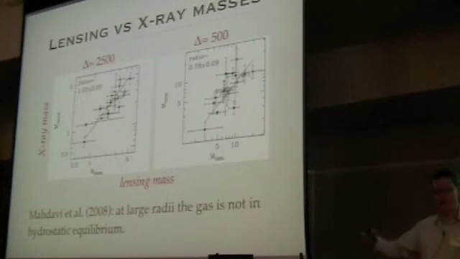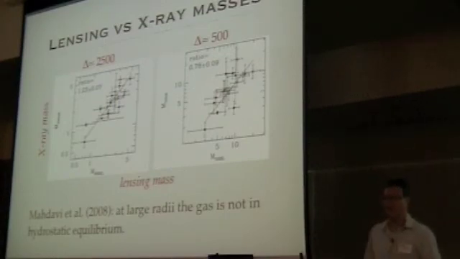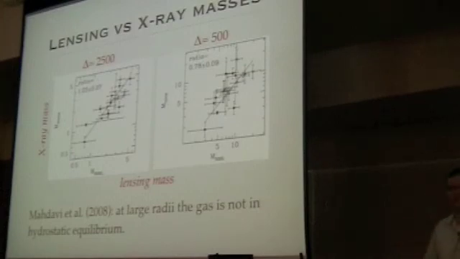Whereas if we go further out, where the overdensity is smaller, so at larger radii, we find that the ratio is about 0.8. And this suggests, in good agreement with what people have seen in simulations, that the gas at large radii is not in hydrostatic equilibrium. And again, it is only with lensing that you can find this out, unless you would blindly believe the simulations.